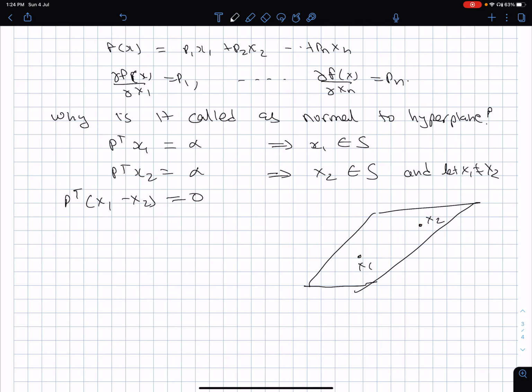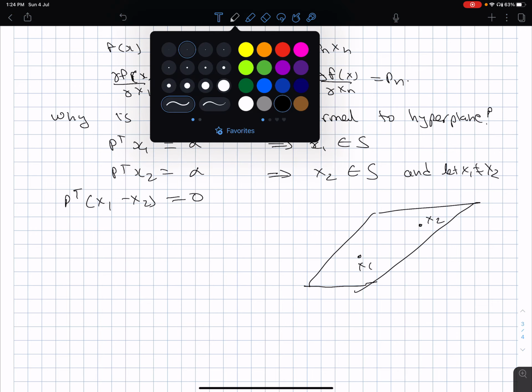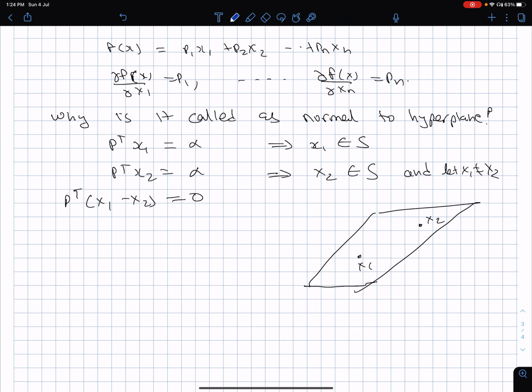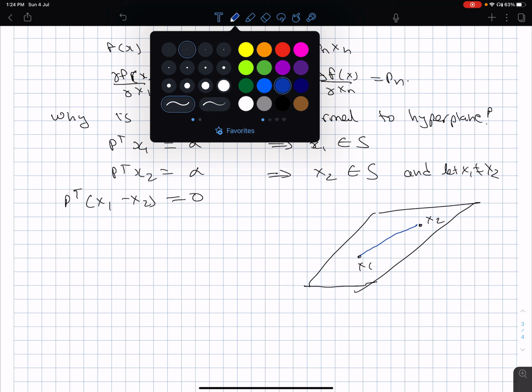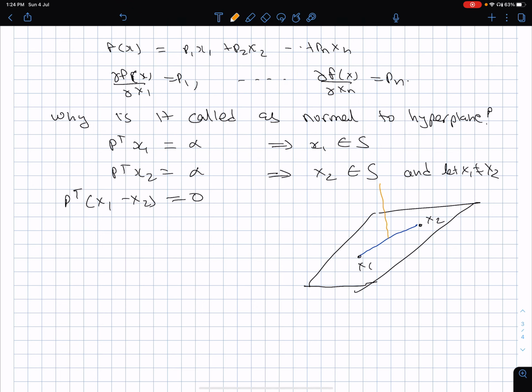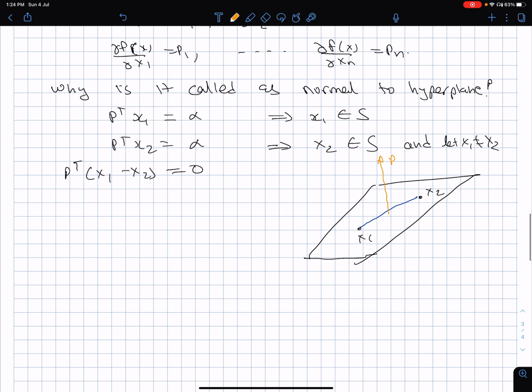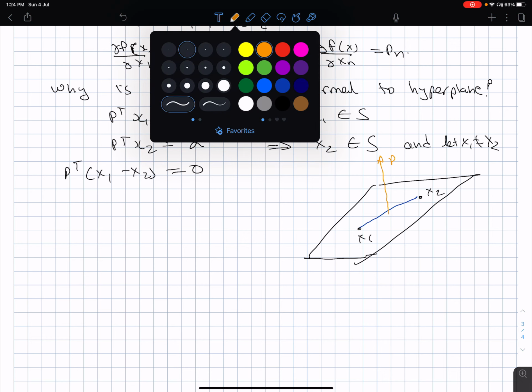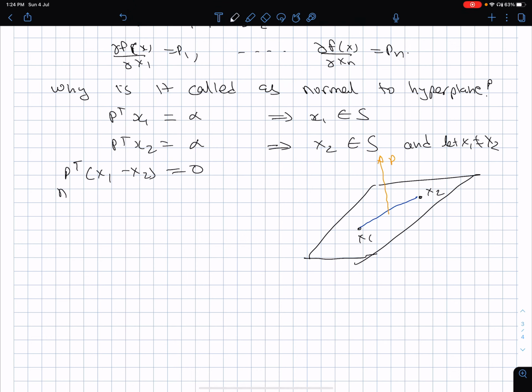So therefore, if you just connect this with a straight line x1 minus x2, and then if you want to draw the P vector, it's going to be here or the other way around. It's orthogonal to x1 minus x2. So orthogonal, or another word for it, is normal.